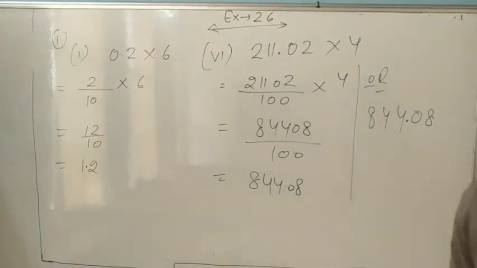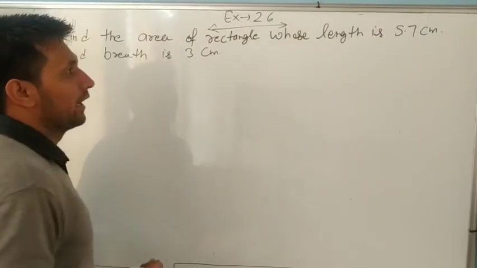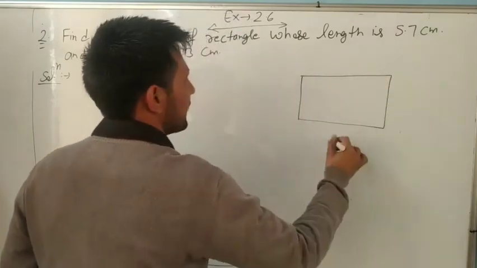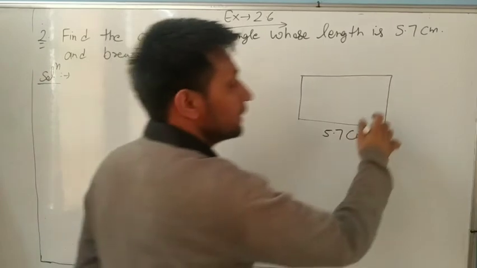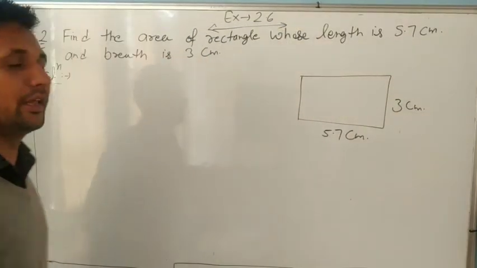Read the second question, everyone. Question number 2: Find the area of a rectangle whose length is 5.7 centimeter and breadth is 3 centimeter. We have to find its area.